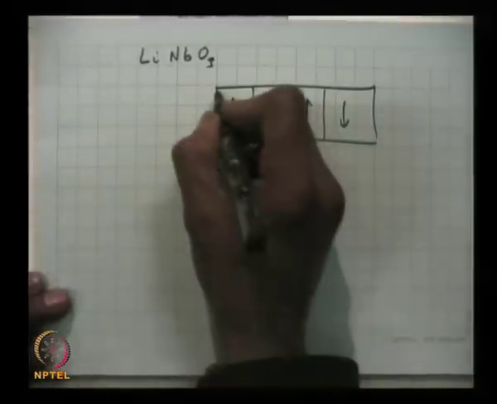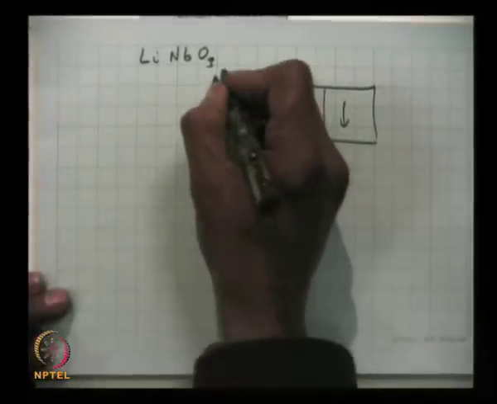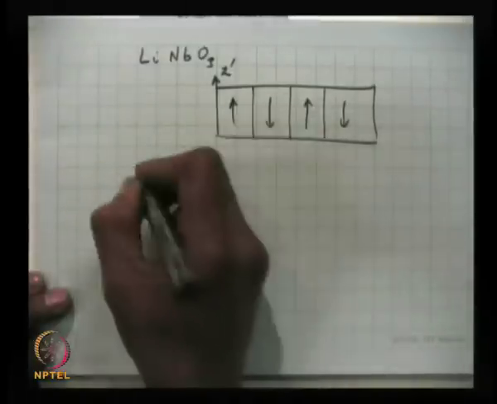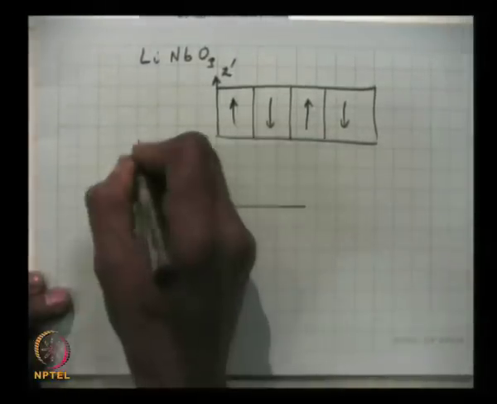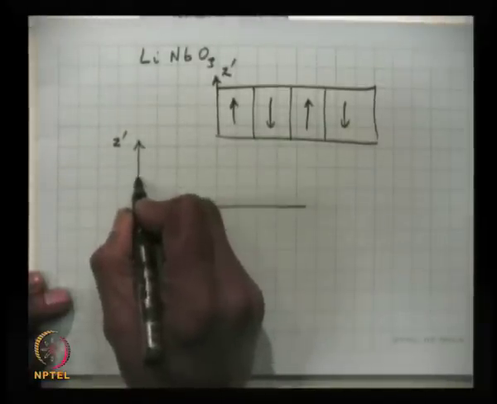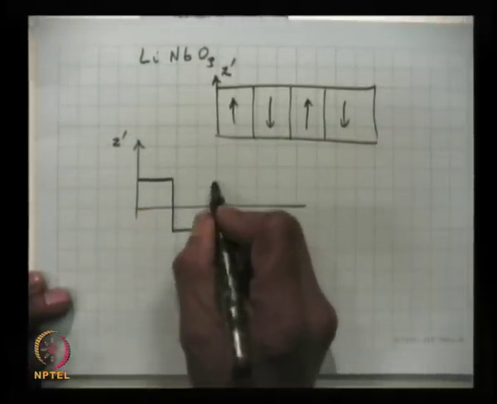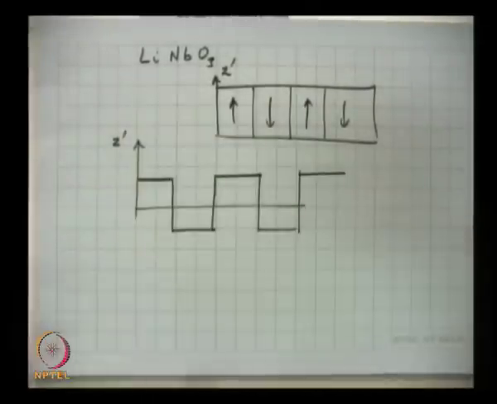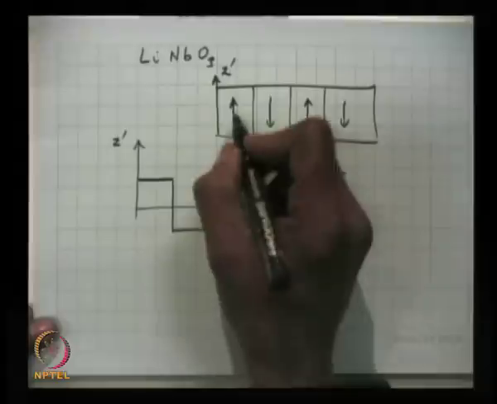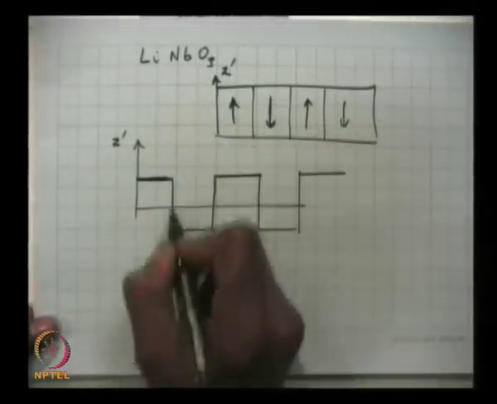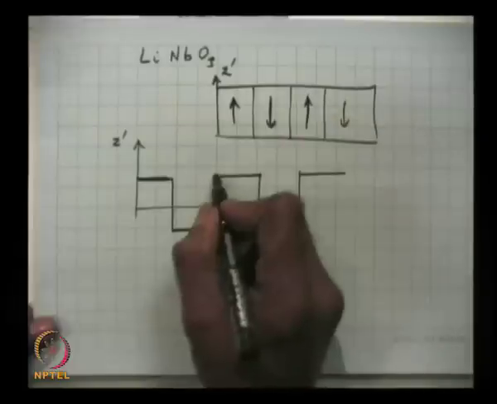If I write this as my z prime axis, then along the z prime axis D will be positive, negative, positive, negative, like this, because in the z prime axis this is pointing up, so this is positive; here it is pointing down, so it is negative; it is pointing up again, positive, negative.